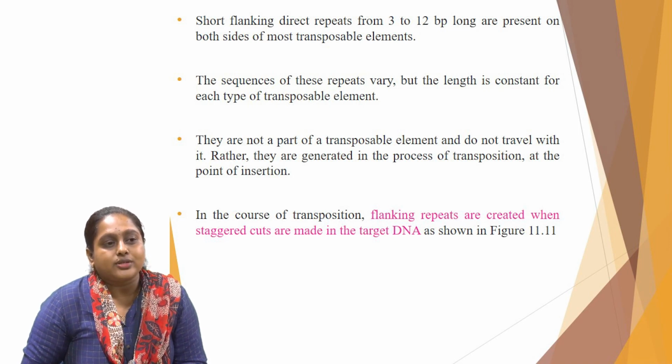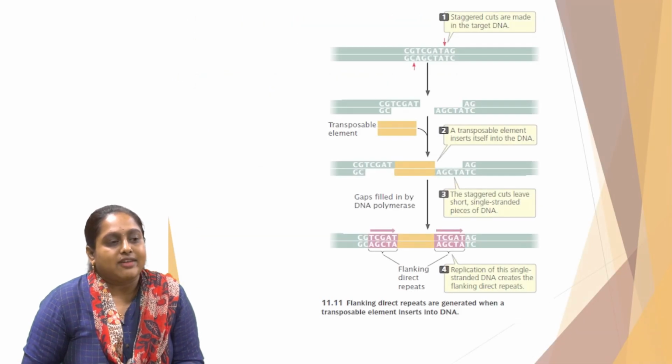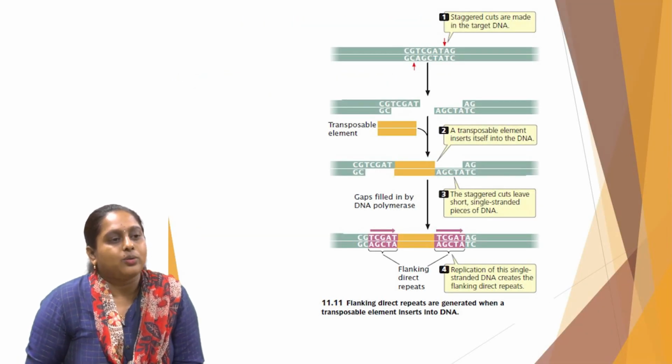In the course of transposition, these flanking repeats are created when staggered cuts are made within the target DNA. We can understand this in the diagram how the flanking direct repeats are generated when a transposable element is inserted into the DNA.